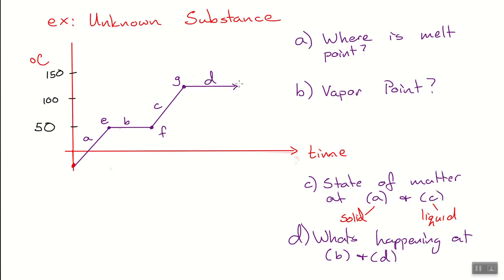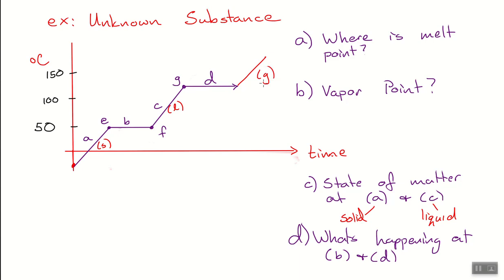If I had gone one further step, what do you think I am here? Probably a gas. Seems reasonable, right? So with that in mind, we've identified the states of matter. I have solid here, liquid here, and gas up here, if I get to it.